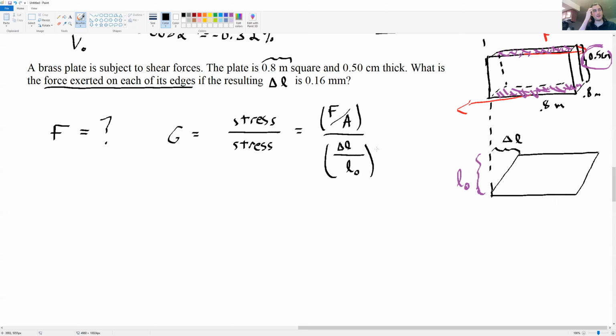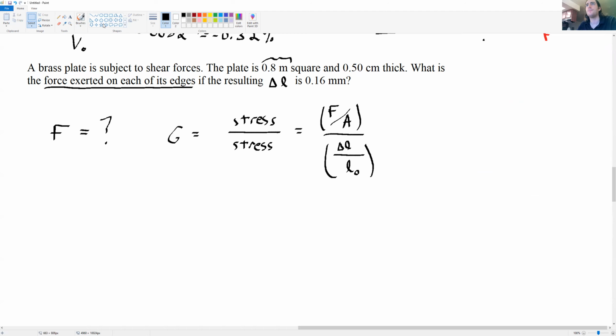And the way we've set the problem up here, we have to be careful about what we mean by these different distances. That's why I gave a diagram. Let's get a more accurate diagram actually, since this one doesn't even look square, but we're saying that this thing is square on the bottom here.